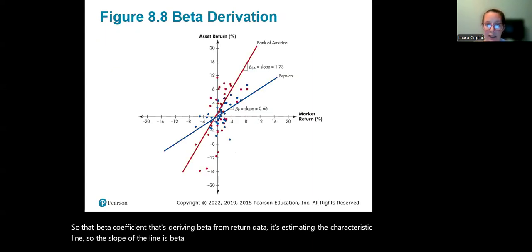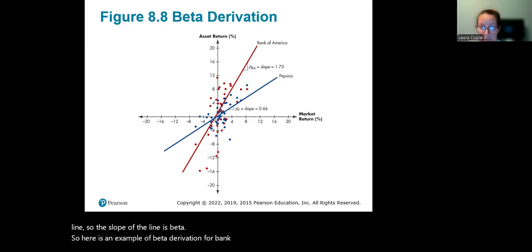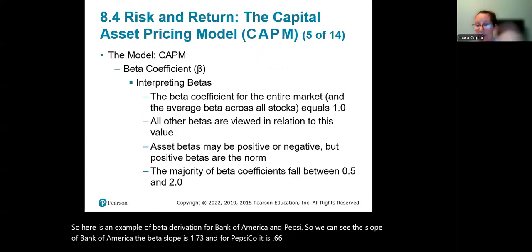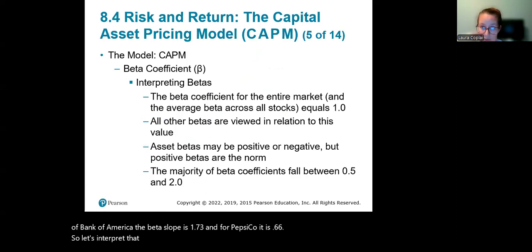So here is an example of beta derivation for Bank of America and Pepsi. We can see the beta slope for Bank of America is 1.73, and for PepsiCo, it is 0.66. So let's interpret that beta. The beta coefficient for the entire market, across all stocks, equals 1.0.